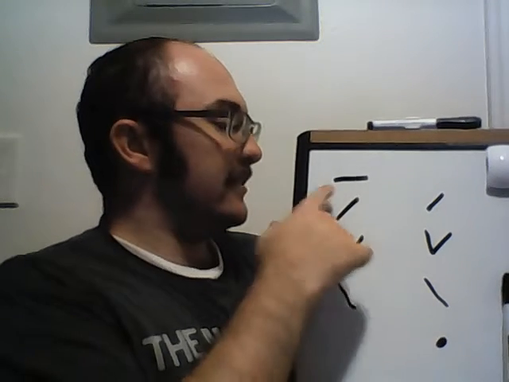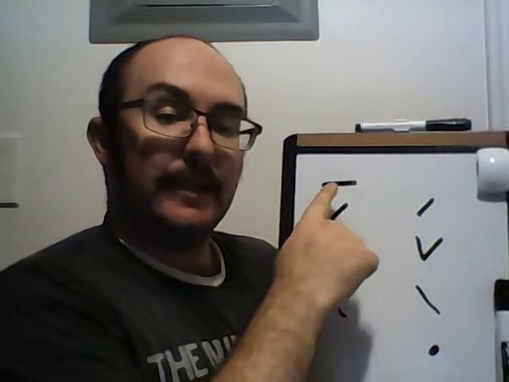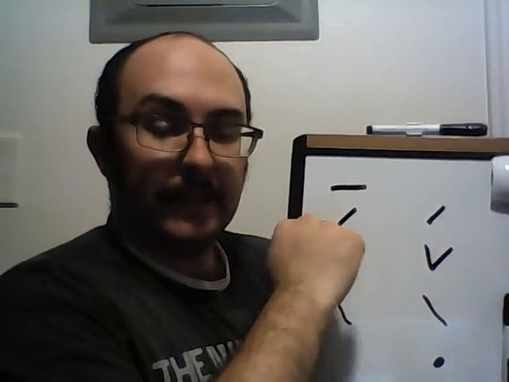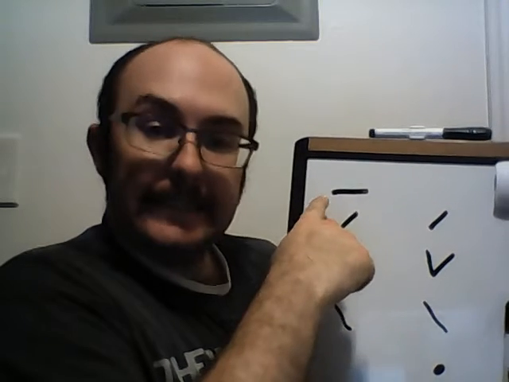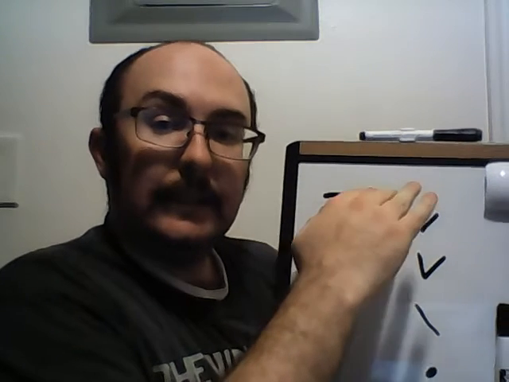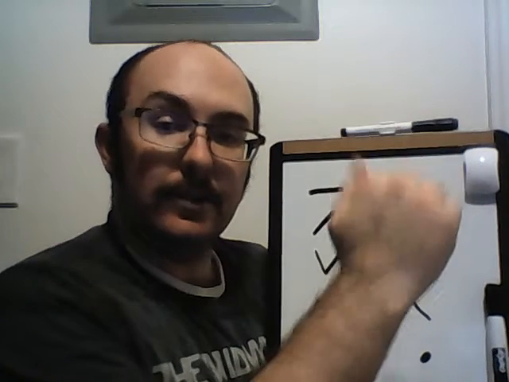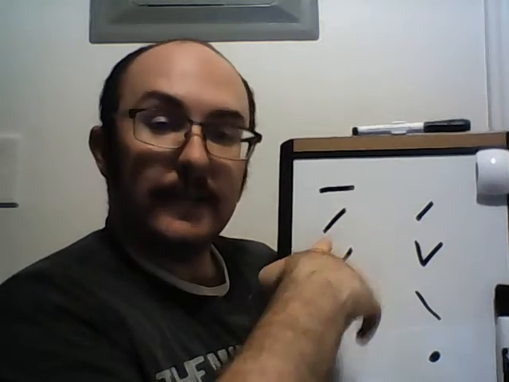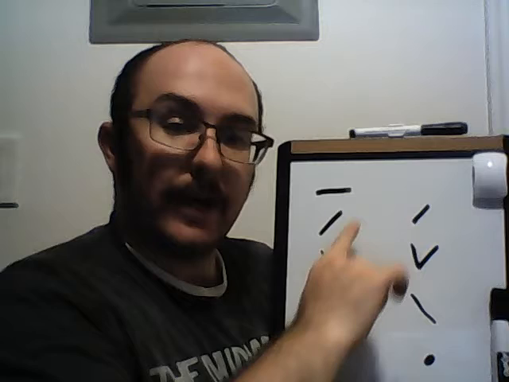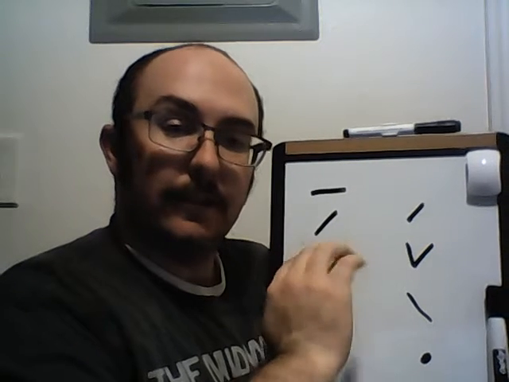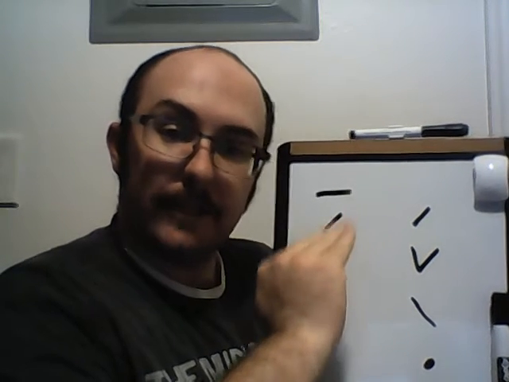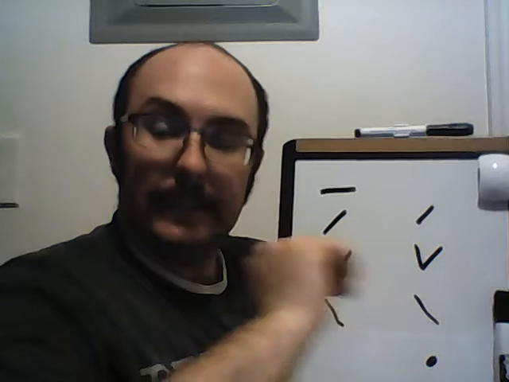With pinyin, the first tone is a horizontal line, and it's just a high, even tone. The second tone, just like its picture, is a rising tone.